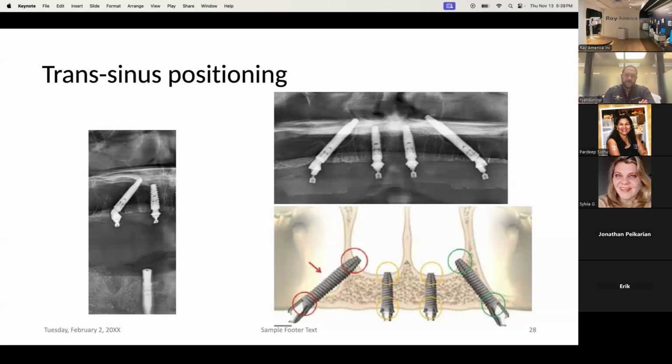Transsinus implants are basically zygomatic implants just going a different direction. Instead of going up and laterally to the zygoma, they're going up and medially towards the nose. So you have similar risk factors of chronic sinusitis, discharge, and sinus membrane thickening. So patients need to understand the risks and benefits of these different types of procedures.